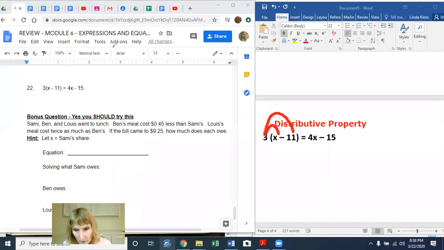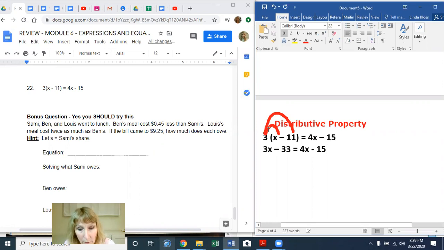Doing that will give us 3x minus 33 equals the 4x minus 15. Now it becomes a regular problem for us that we can solve. Now we have to get the two constants together and the two variable coefficients together. So we would take 33 here and get it over here somehow.